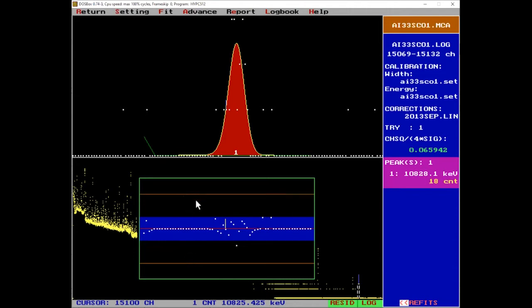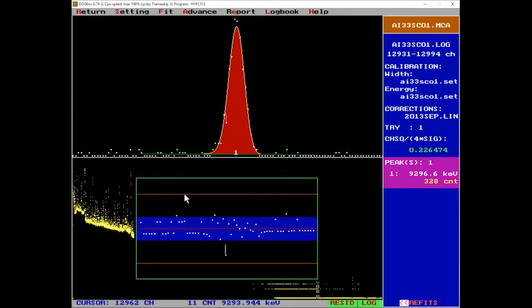So if the residuals are distributed according to the Gaussian distribution, then 66% of the channel differences should lie within this blue region, and 1/3 is roughly distributed between the blue and the brown areas. So if you have good eyes, after some time you will be able to assess the quality of the fit only on the basis of the residuals.